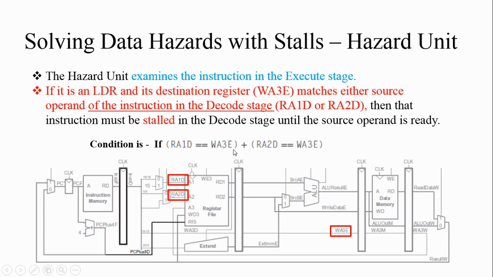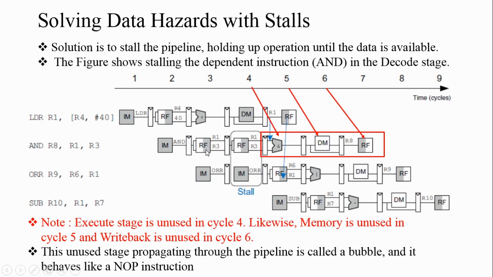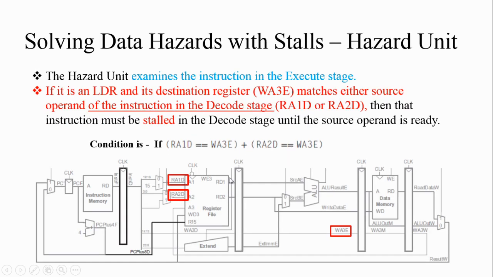The plus shows you are checking an OR condition: whether this is equal to this, or this is equal to this. So if either source operand of the instruction in the decode stage, which is the instruction coming after LDR, is equal to the output of the LDR instruction, then stalling should happen.